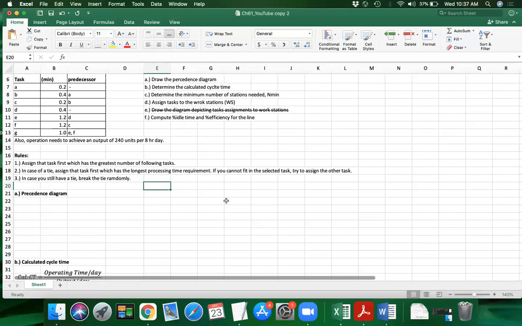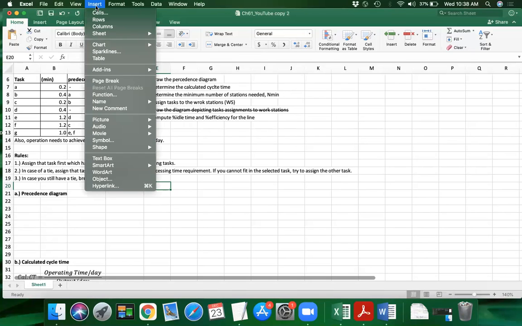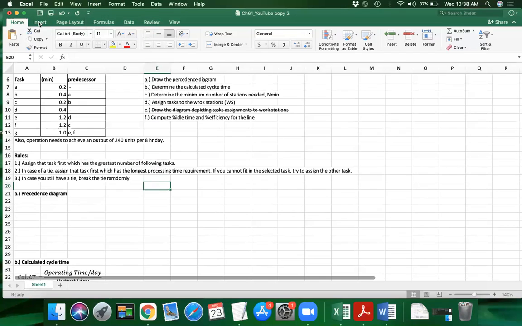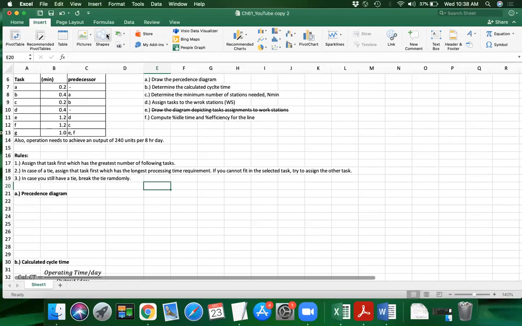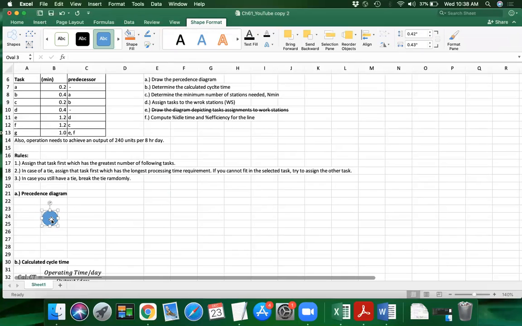When you're drawing the diagram and everything, you have limited time, so you need to maximize the utilization of your time. This is how I would do it. I would go to Insert, and I want to insert a circle shape for my task here. Double click on it and type in A. That's my task.